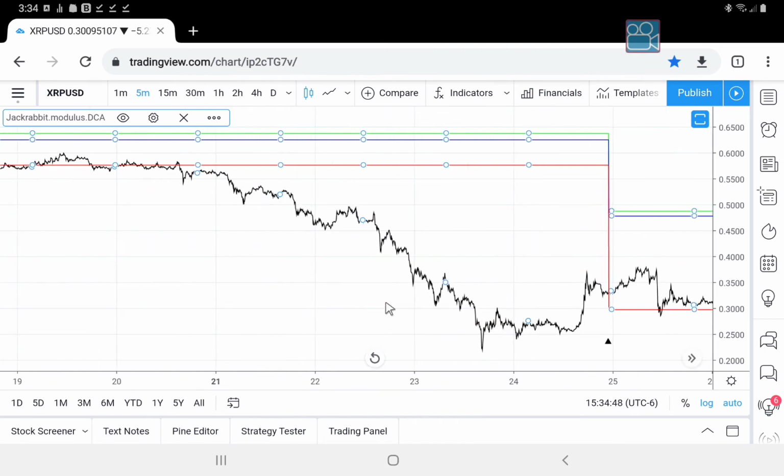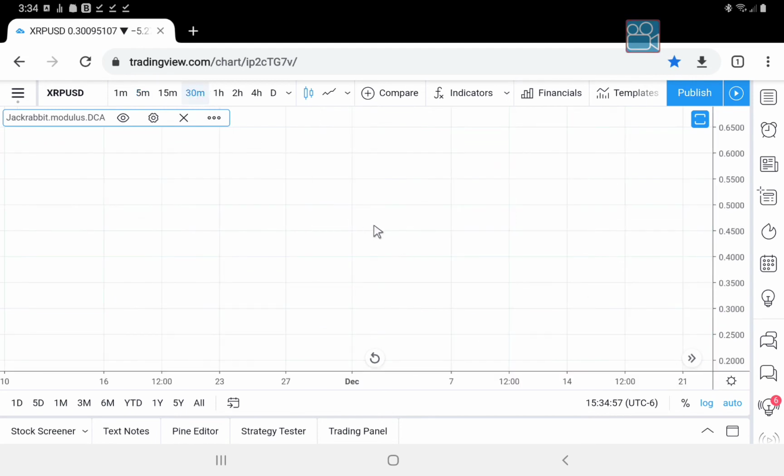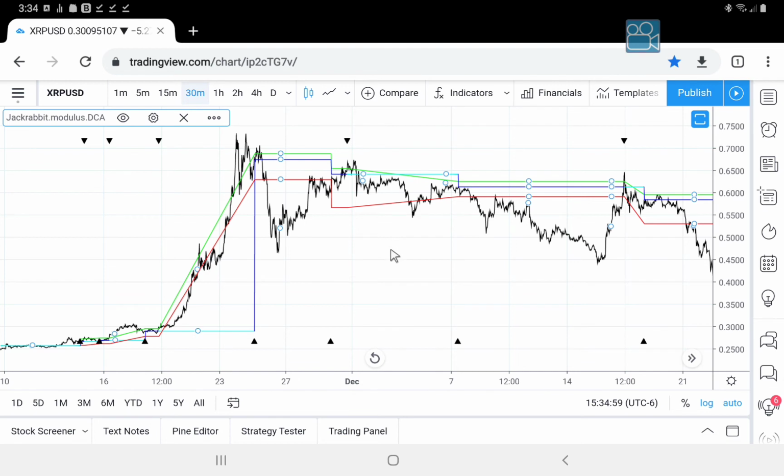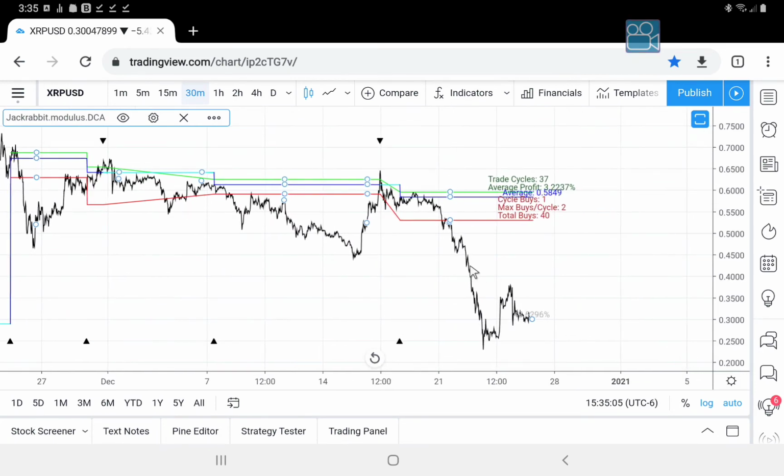For example, the SEC news here has had a devastating impact. And if you go up and you look at higher time frames, you can see XRP had a fairly decent run prior to the SEC news.